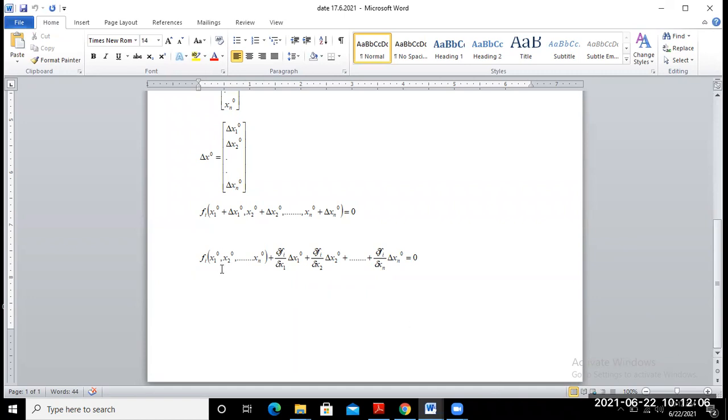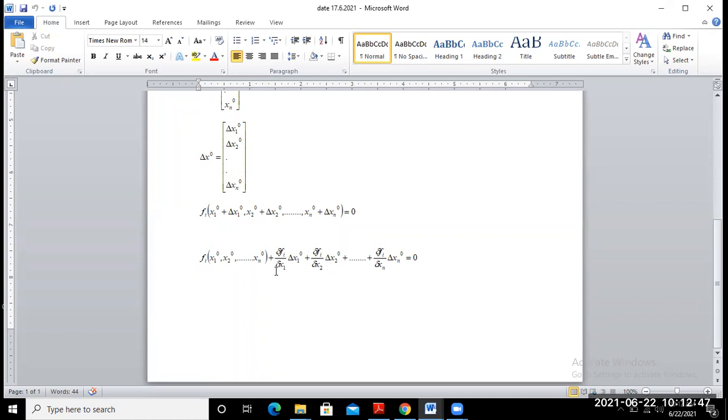Del fi equal to fi at x1 0, x2 0, up to xn 0, plus del fi by del x1 calculated at x equal to x0 into del x1 0, plus del fi by del x2 calculated at x equal to x0 into del x2 0, and continue up to higher order terms.